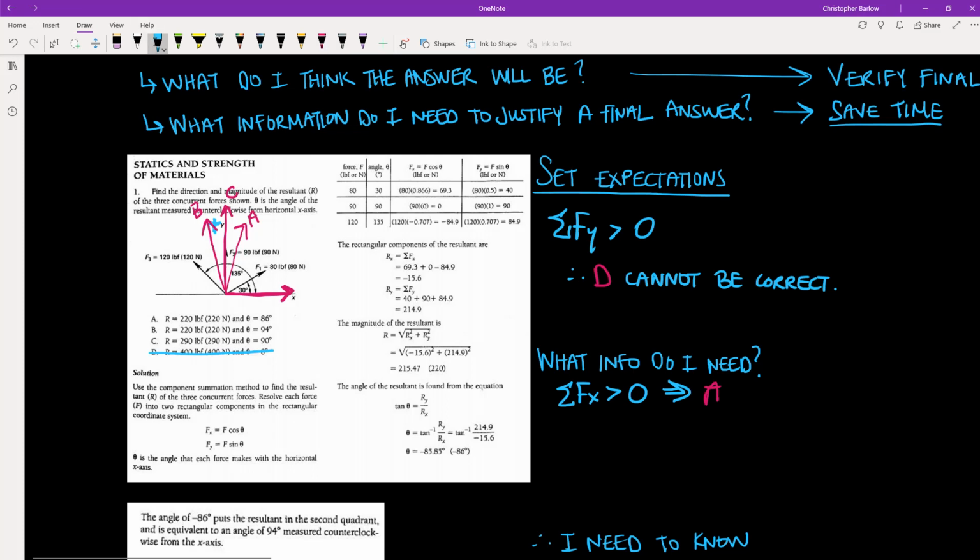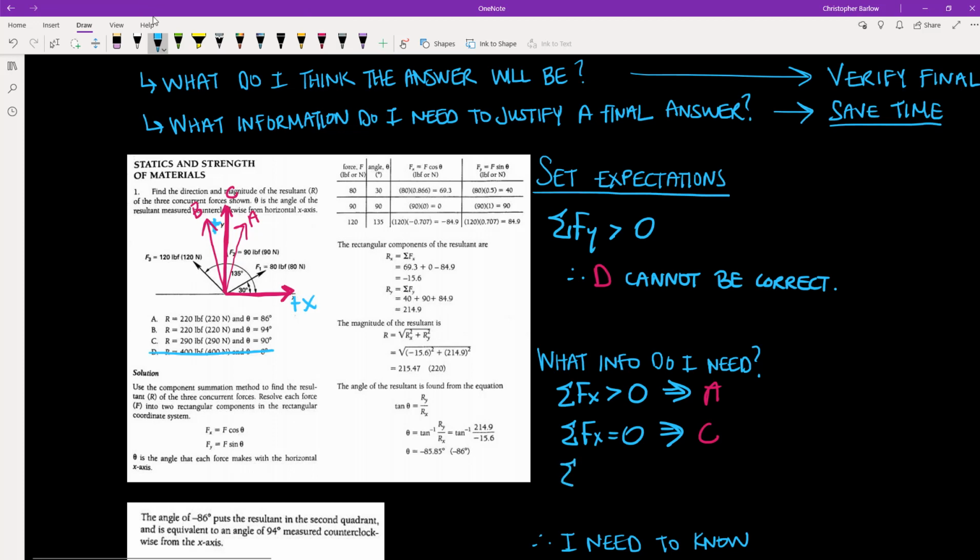because positive x is to the right, and A would be pointing to the right. If the sum of forces in the x were equal to 0, that would mean that our answer would be C, and the final resultant would be exactly vertical.